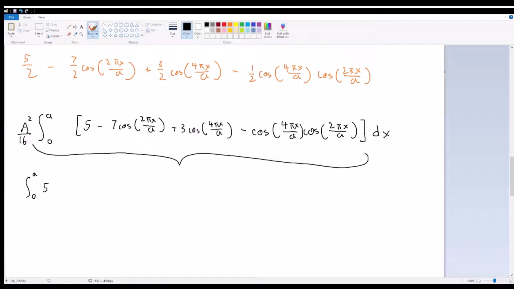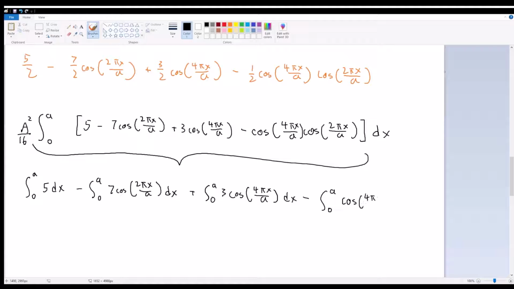So this is going to turn into the integral from 0 to a of 5 dx minus the integral from 0 to a of 7 cosine 2 pi x over a dx plus the integral from 0 to a of 3 cosine 4 pi x over a dx minus the integral from 0 to a of cosine 4 pi x over a times cosine of 2 pi x over a dx.